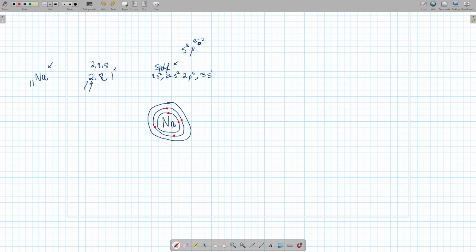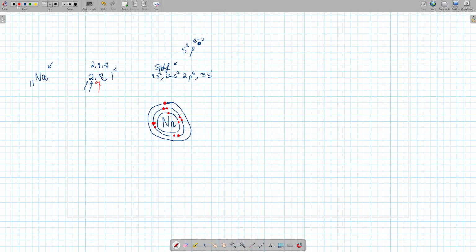Okay, I finished the rotation, so I start again. 1, 2, 3, 4. I have 8 in my second shell, so I finish the second shell. Now I have 1 in the last shell, and you can put it wherever you want. Okay? So for one element, this is pretty much how you draw the element. Very, very simple.